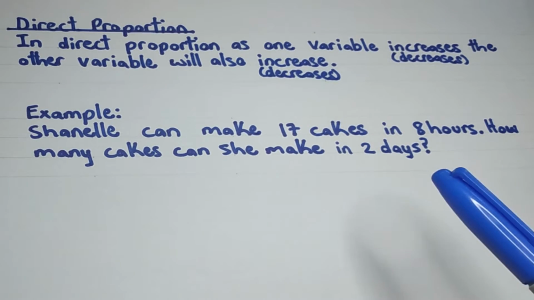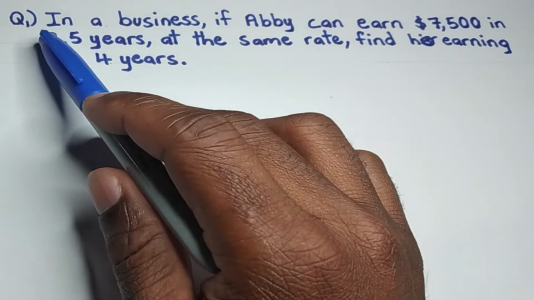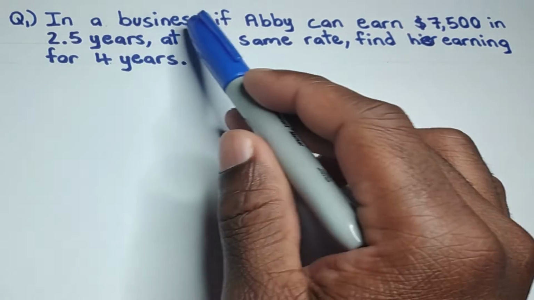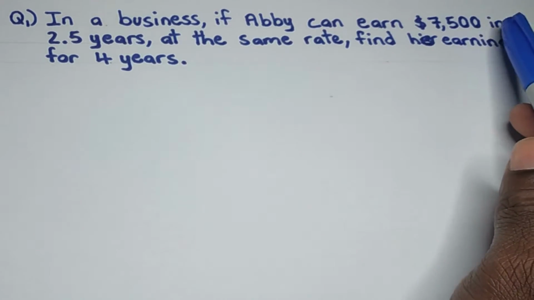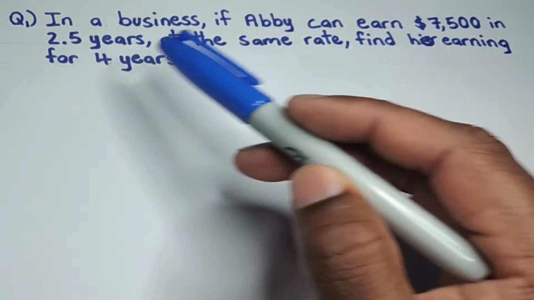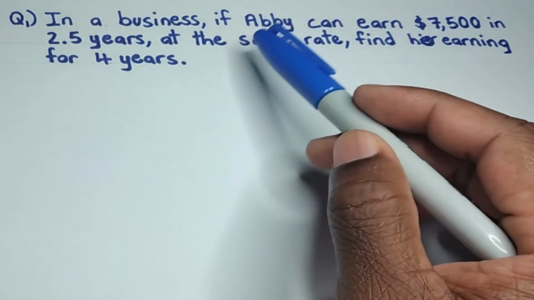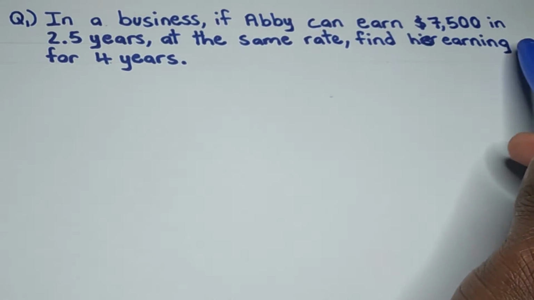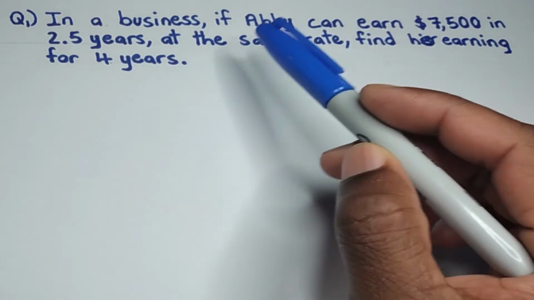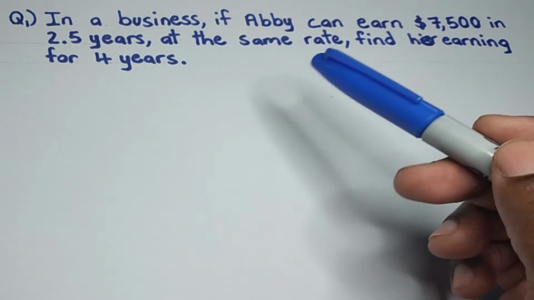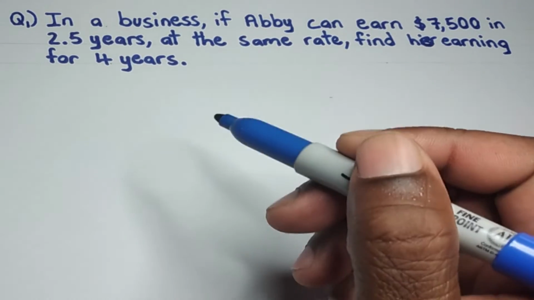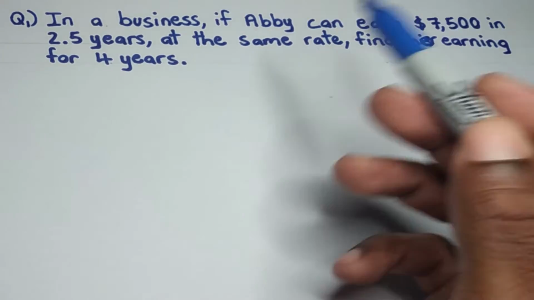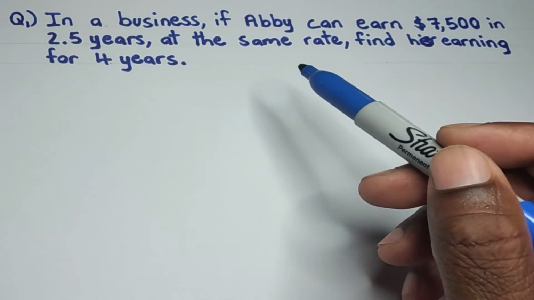Now let us look at some questions. Alright, so here we have question 1. In a business, if Abby can earn $7,500 in 2.5 years, at the same rate, find her earnings for 4 years, alright? So we want to know how much money Abby can make over a 4-year period. And of course, this meets the criteria of being a direct proportional scenario, alright?